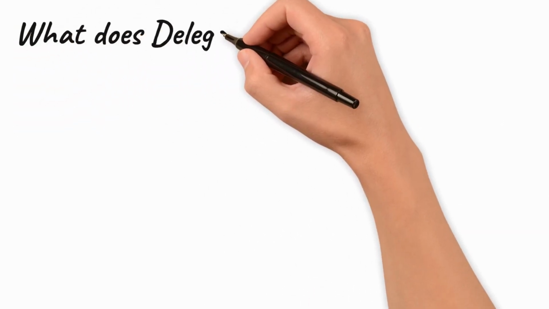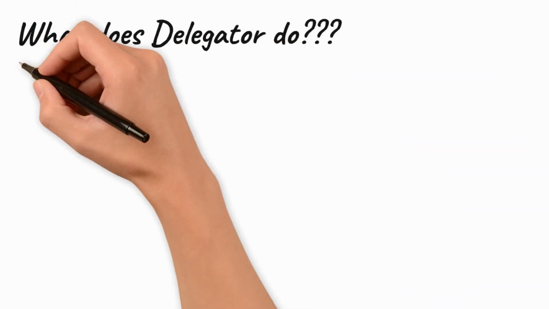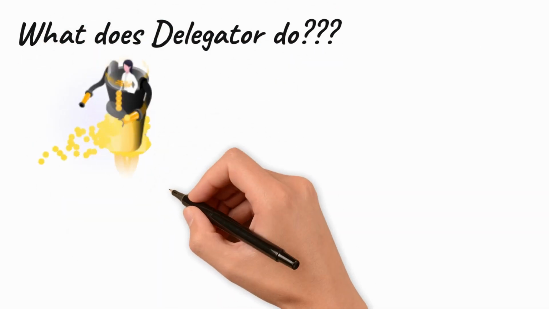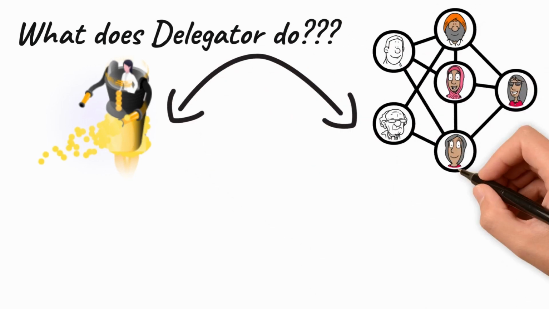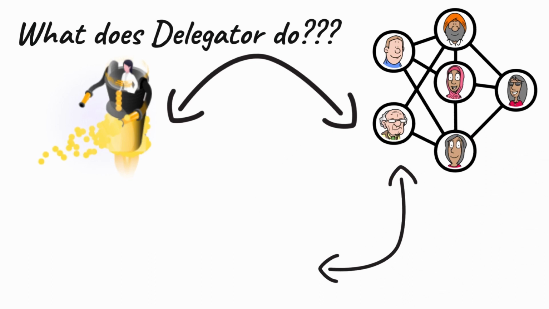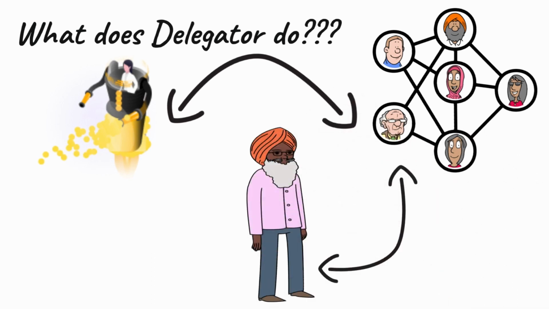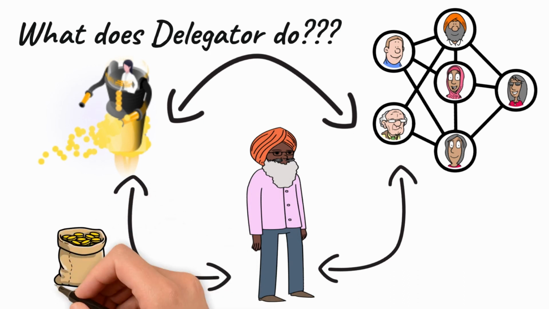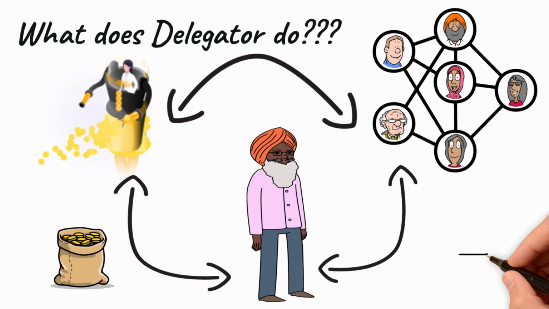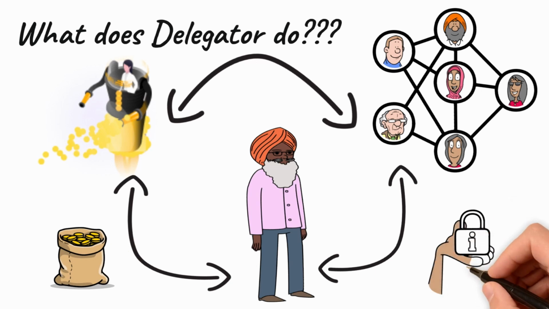Lastly, we will see what delegators do. Delegators participate by selecting a specific trustworthy indexer and staking GRT tokens to support specific indexers. Delegators contribute to the security and decentralization of the network.